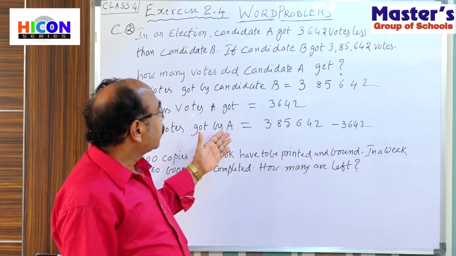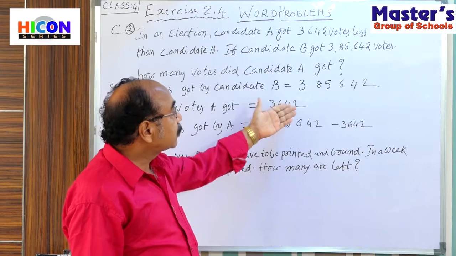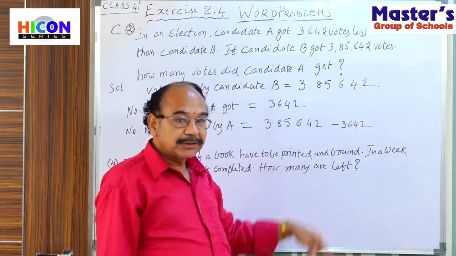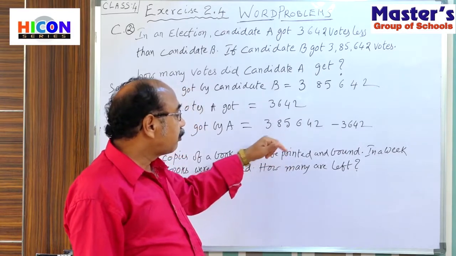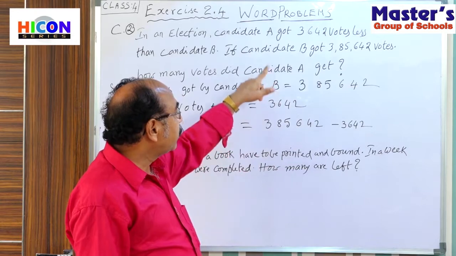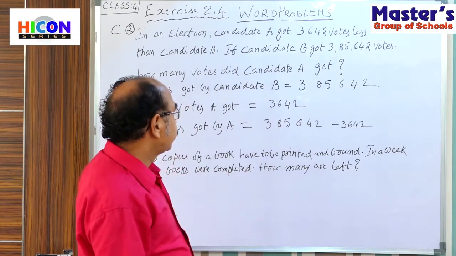Because here A is getting 3,642 less votes than candidate B. That's why 3,642 we subtract. If we subtract 3,642 from B, we can get the votes secured by A.